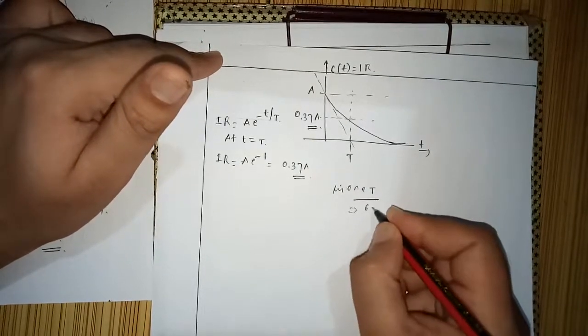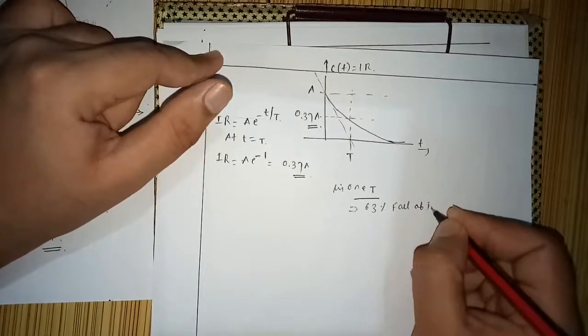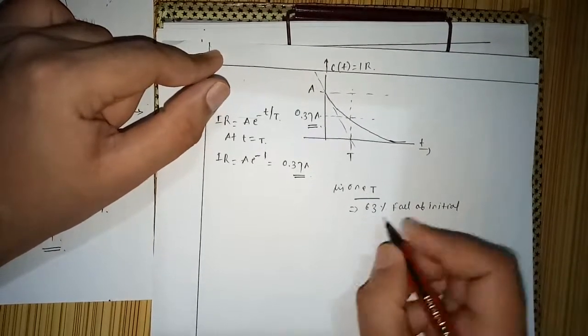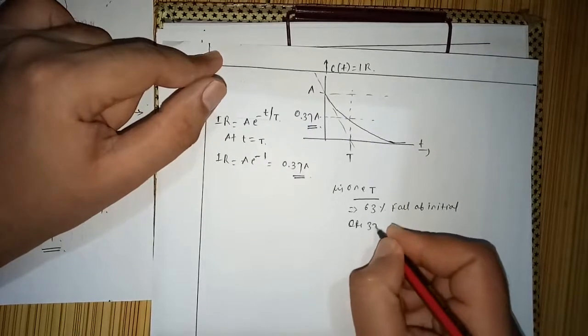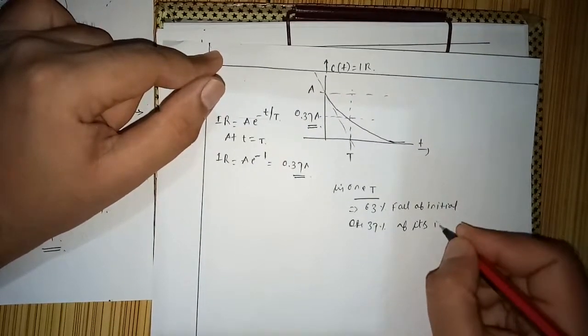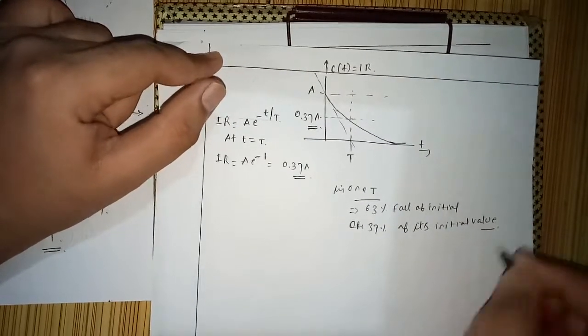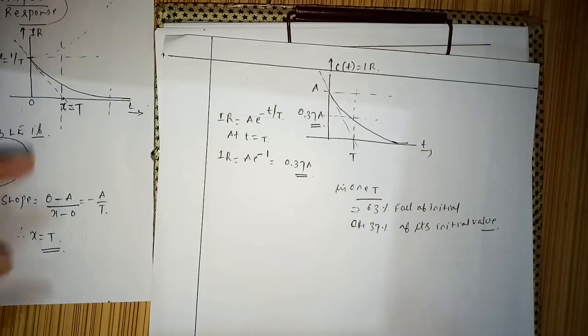Either it will be for a 63% fall of initial value, or 37% of its initial value. We can define it in both ways. That's the definition of our time constant.